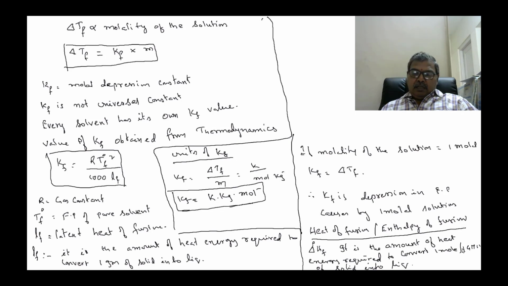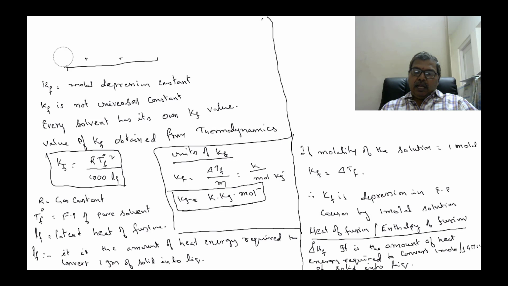So what is the relationship between latent heat of fusion and enthalpy of fusion? Latent heat of fusion is heat per gram of the solid.